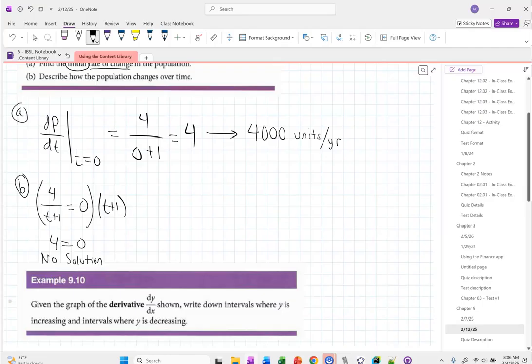Which should make sense. When is a fraction equal to 0? When the numerator is 0 and the denominator is not, right? Can the numerator ever be 0 here? No. What is the numerator? 4. Is 4 ever equal to 0? No. So no surprise, that fraction can't become 0.